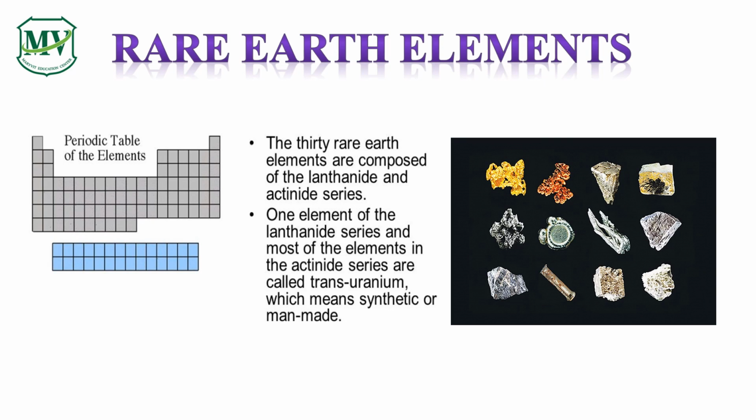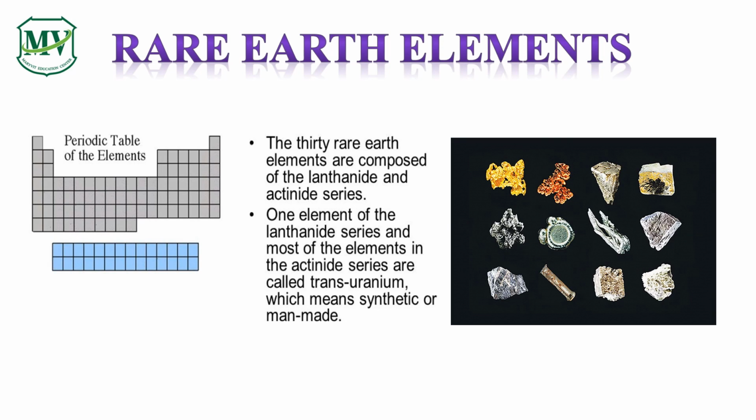Lanthanides are a group of 15 chemical elements with atomic numbers 57 through 71, while the actinides family comprises 15 elements starting from actinium, or Ac, with atomic number 89, to finish up with lawrencium, or Lr, with atomic number 103.